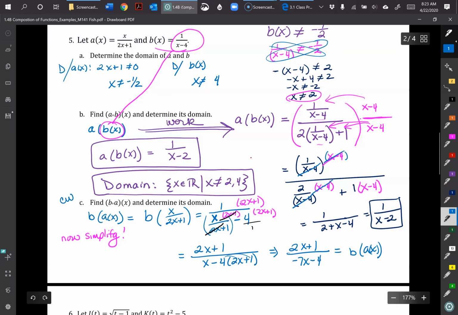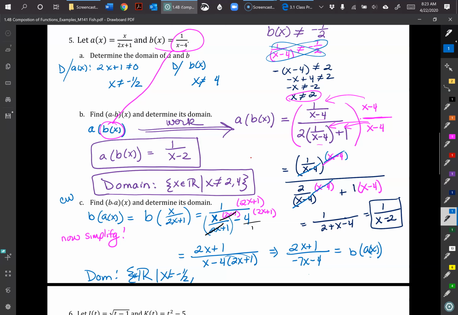I have to look at the domain of the inner function, the a of x. So domain is going to be all real numbers, or x is an element of all real numbers, such that x is not equal to negative a half. And we also have to figure out what the domain of this is. So we can't have negative 7x minus 4 equals 0.